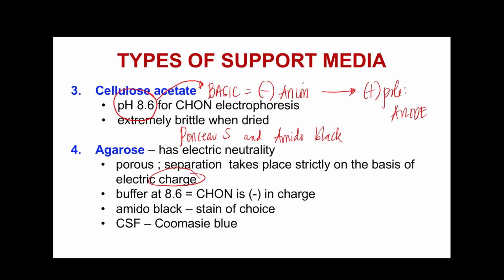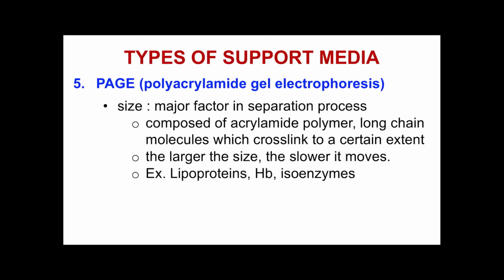And also, just like your cellulose acetate, the buffer is set at 8.6, so the proteins are negatively charged. So for the stain of choice, we have Amido Black, and if your specimen is a CSF, then Coomassie Blue is the stain of choice. Lastly, we have the polyacrylamide gel electrophoresis, or the PAGE.